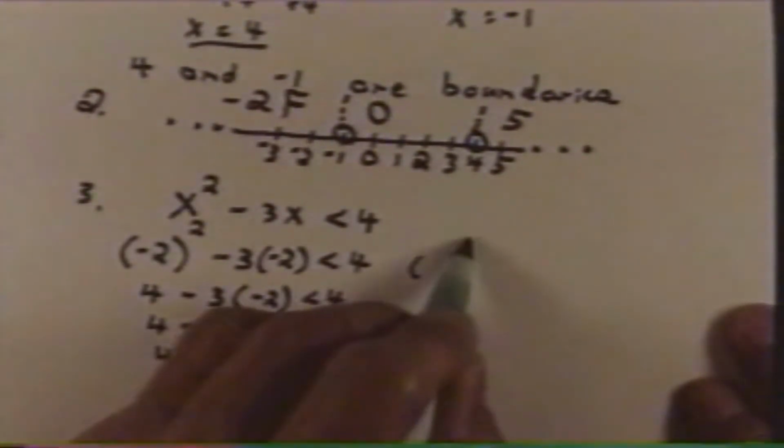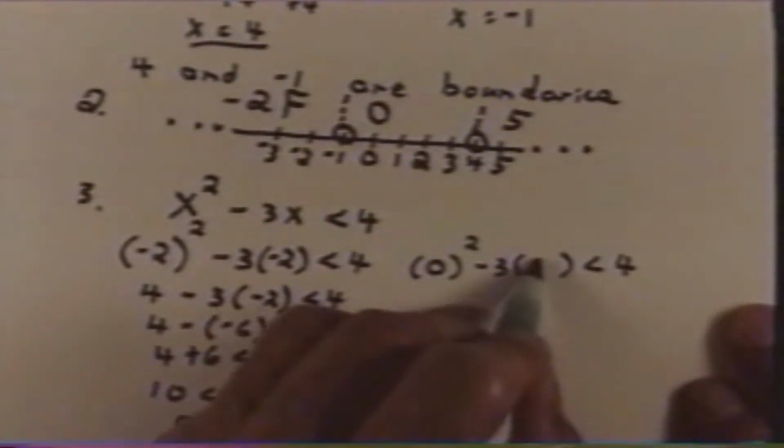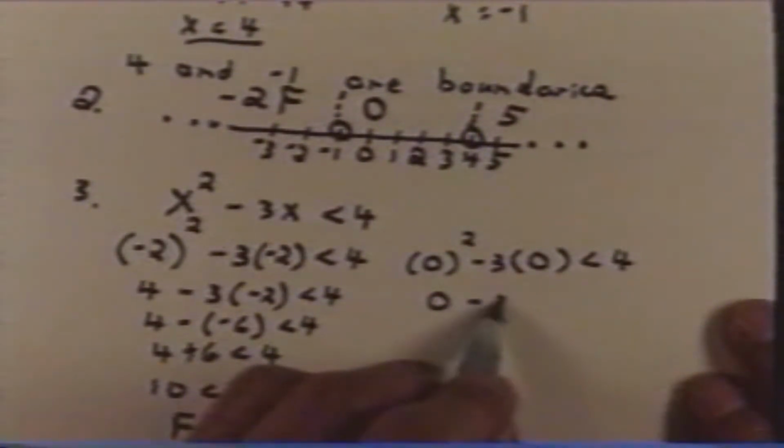Now we're going to check 0. Again, replace the x with parentheses. And since I'm checking 0, I'm going to put 0 inside the parentheses. 0 squared is 0.